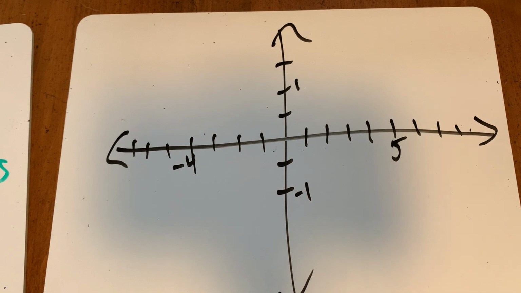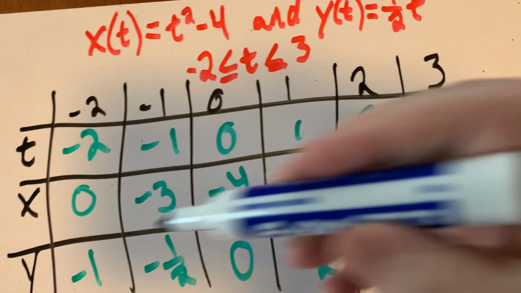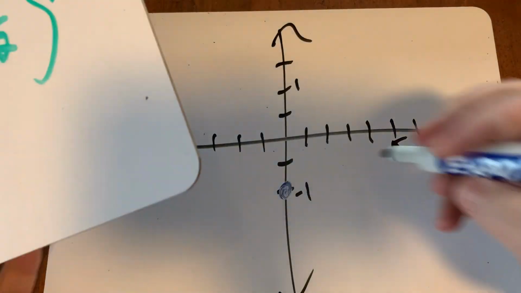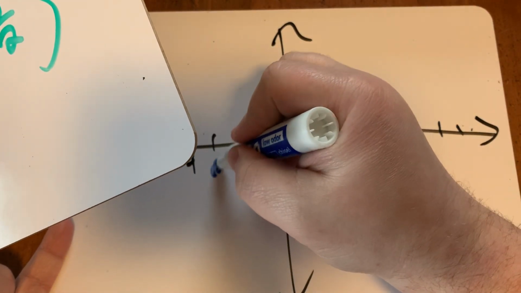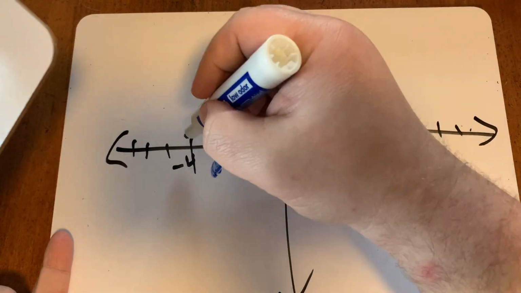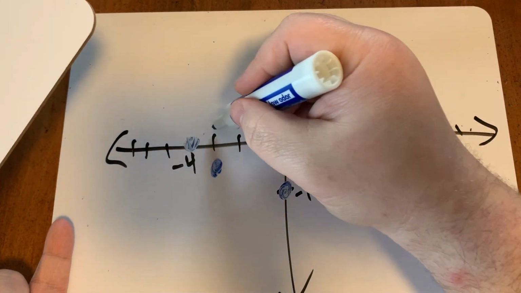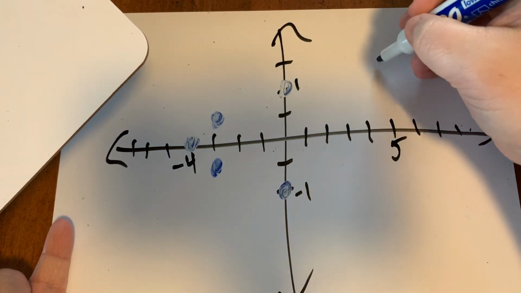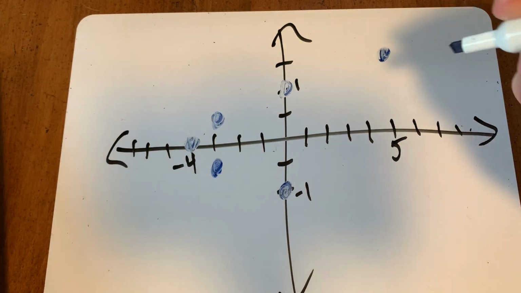So now we can plot our points. We had (0, -1), (-3, -1/2), (-4, 0), (-3, 1/2), (0, 1), and (5, 3/2).